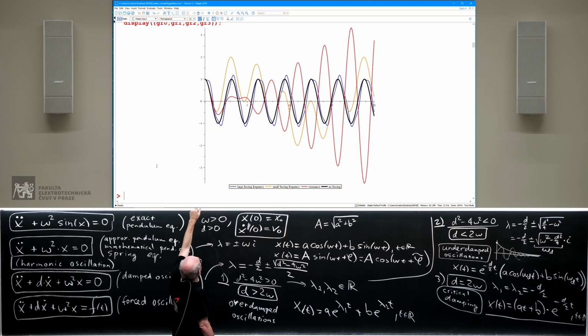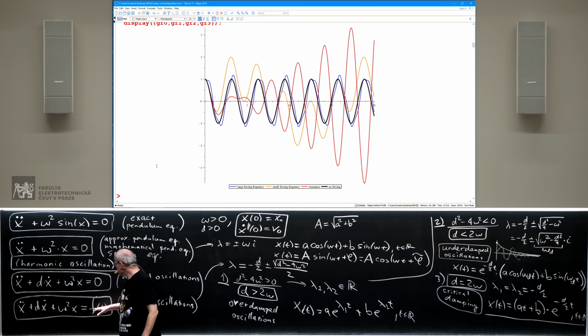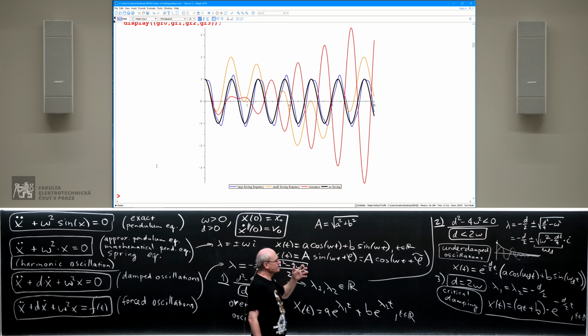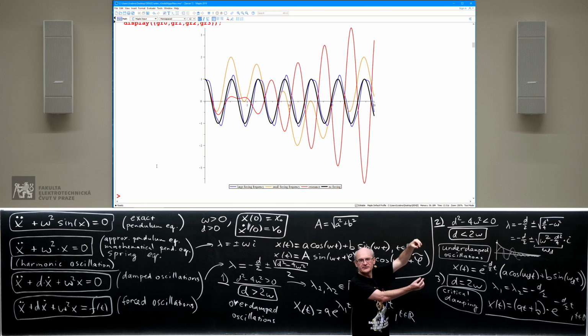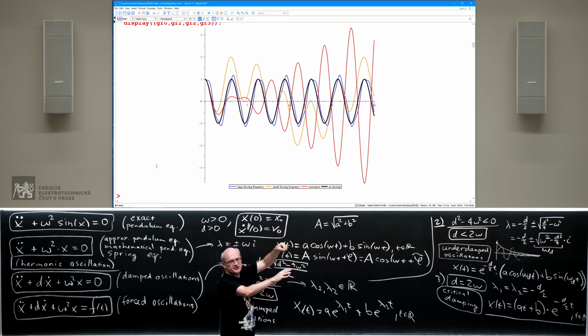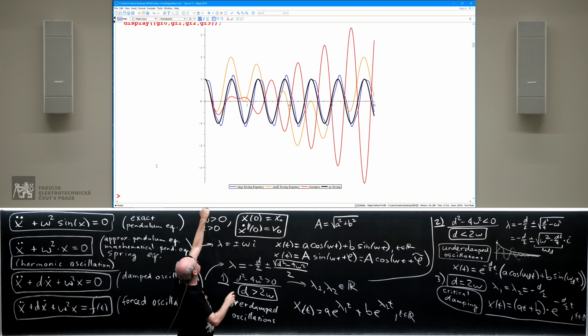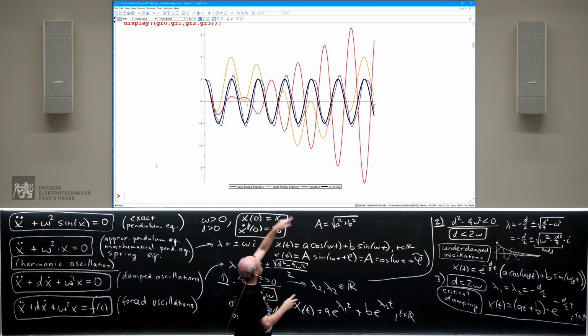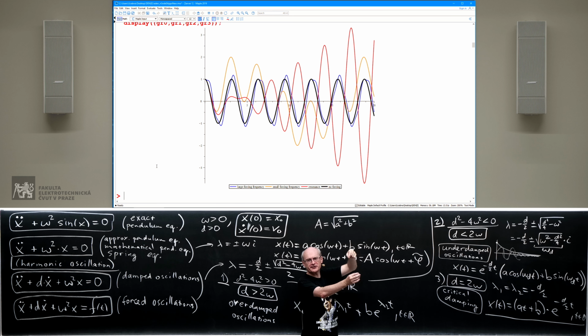The gold curve, that's the case when I'm adding some forcing frequency, which is rather small. So how can I imagine this situation? Well, let's say that you have a pendulum. It's moving. So that's the harmonic motion. Let's forget about friction, okay? That's why it's simplified. So the black curve, that's a harmonic motion. The pendulum is moving without friction forever.